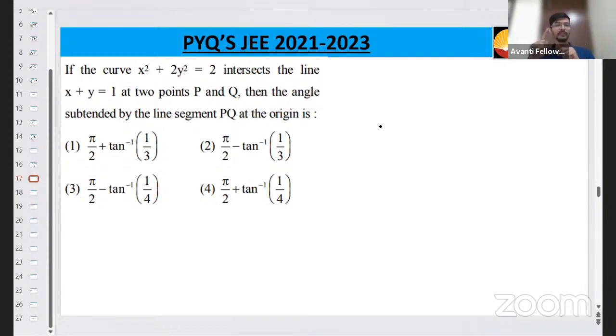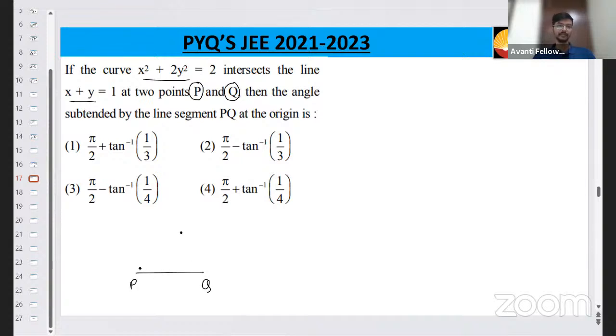See, one of the ways to solve the question is to solve both the equations simultaneously, the line and the curve. I'll get the coordinates of points P and Q.